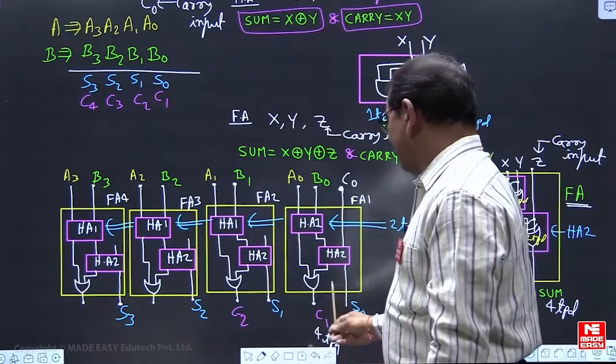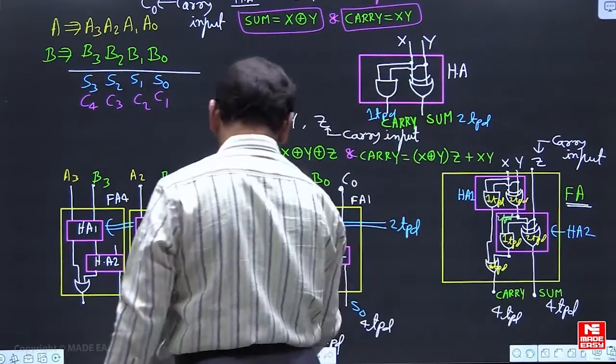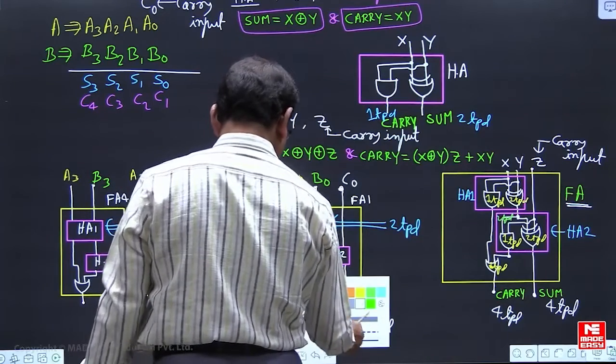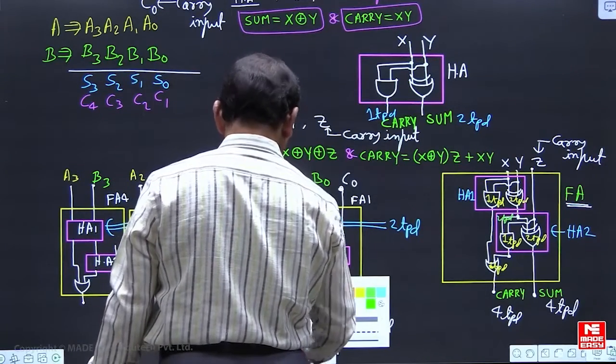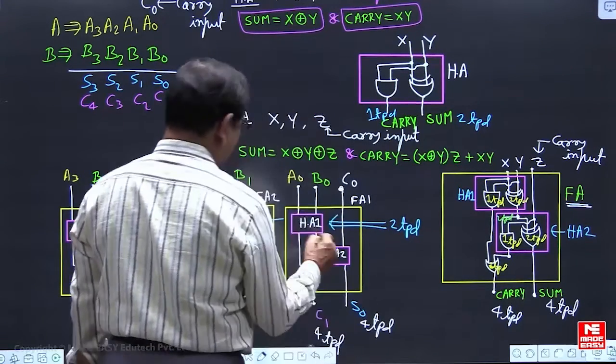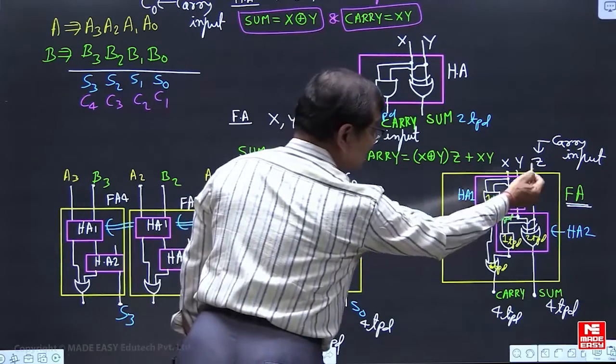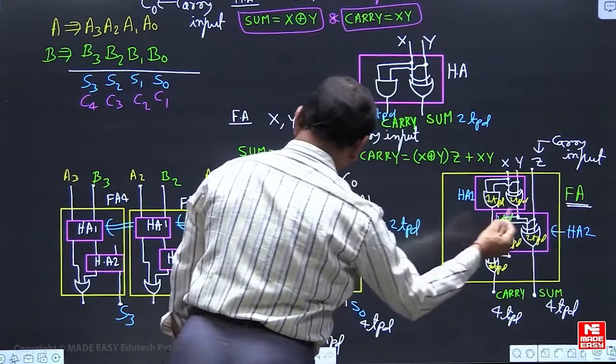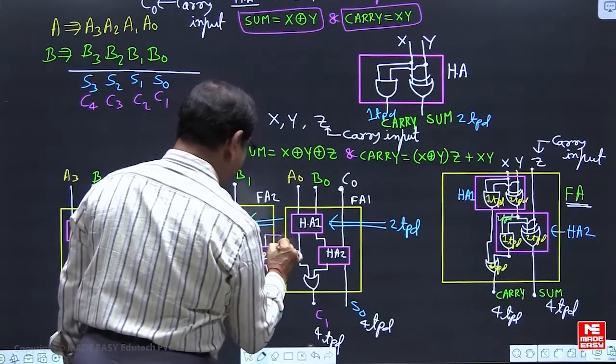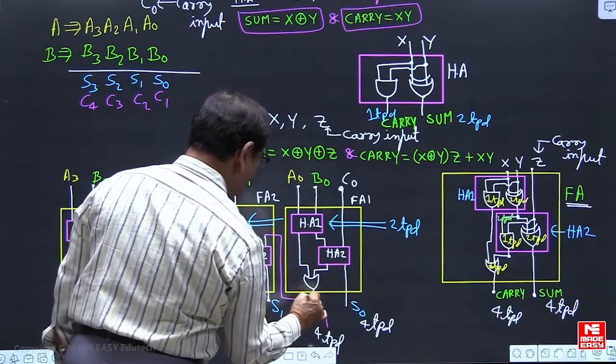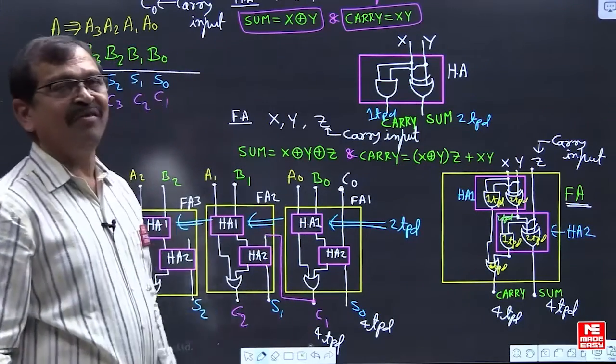So this carry input what we are having, it is entering to where? It is entering into half adder 2.